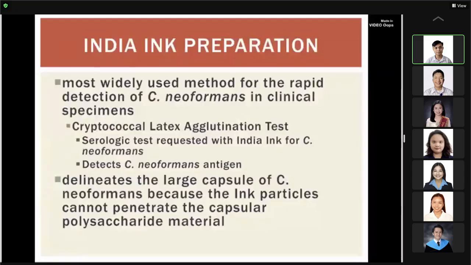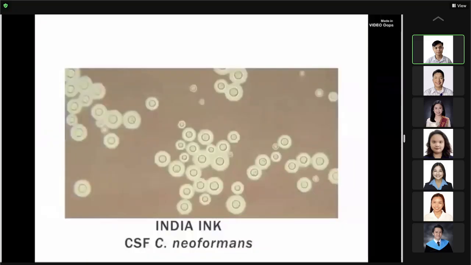Next, India ink. For India ink, this is the most widely used method for the rapid detection of Cryptococcus neoformans in clinical specimens. Typically, we receive CSF for India ink preparation. This can delineate the large capsule of the organism, Cryptococcus neoformans, because the ink particles, the India ink, cannot penetrate the capsular polysaccharide material of the organism.